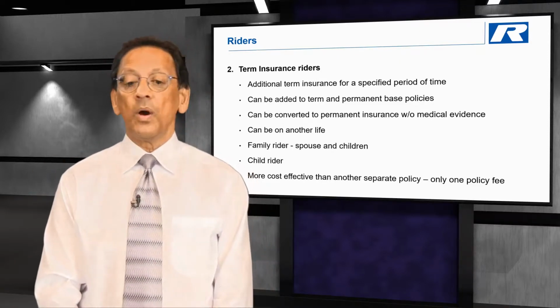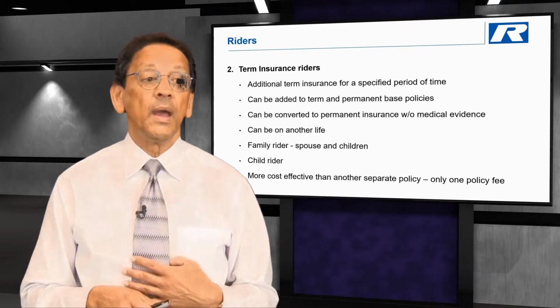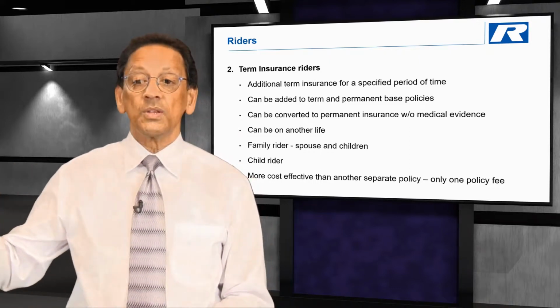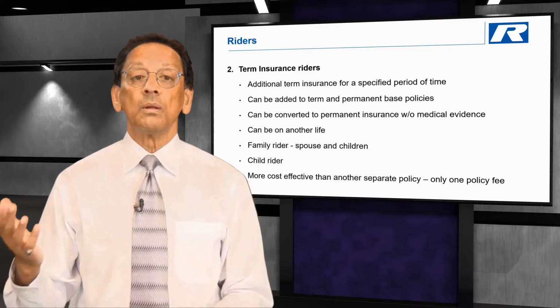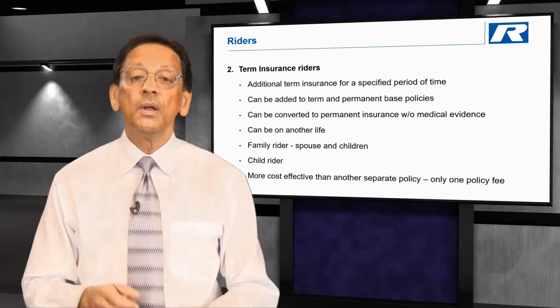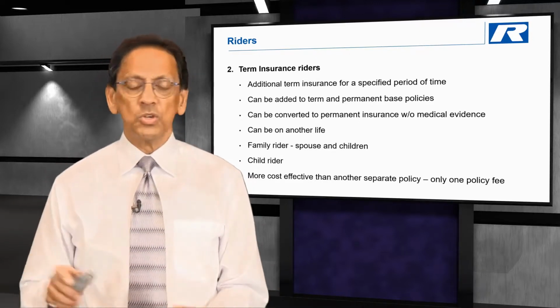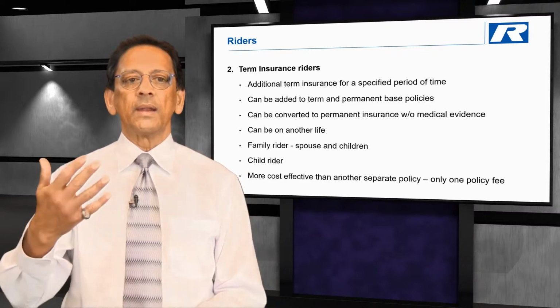So I can have a policy on my life, where I am the life insured, and I can then decide to add a term insurance policy on my spouse's life if I wanted to, or I could have it on my children's life. We have something called a family rider, which covers the spouse and up to usually 3 or 4 children. So riders can be added on.